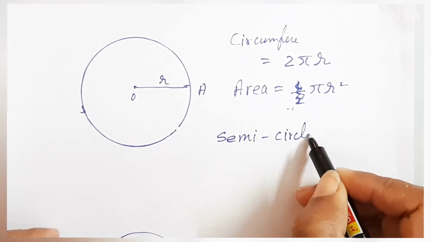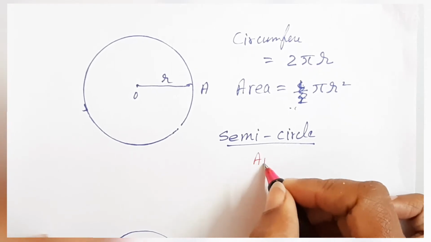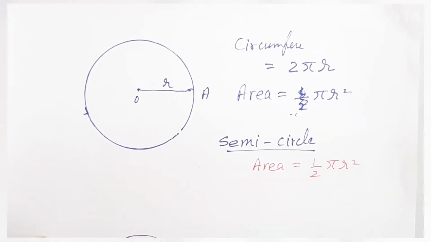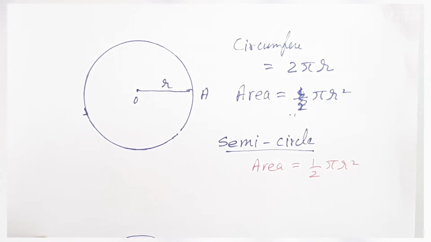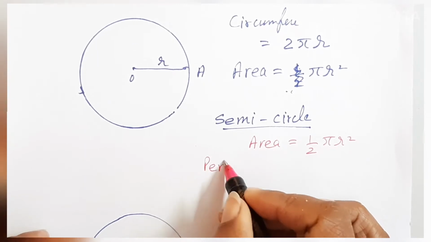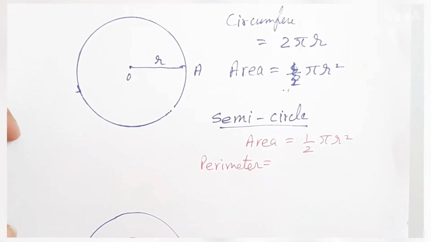In case of semicircle, the area is half pi r square. Clear? And in this case, how to take perimeter here?